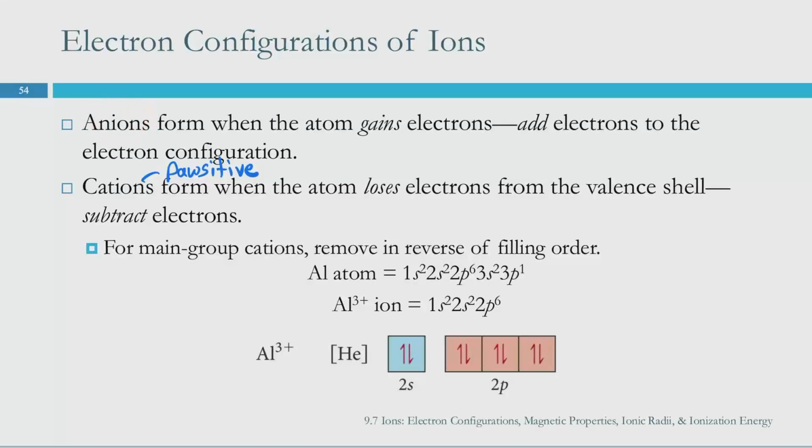Anions, I think the worksheet just has a picture of onions and being sad, and that being bad. Anions are negatively charged. So anions are formed when atoms gain electrons. So you have to add electrons to the electron configuration, 1 for each negative charge.